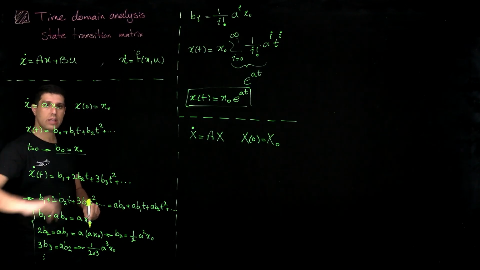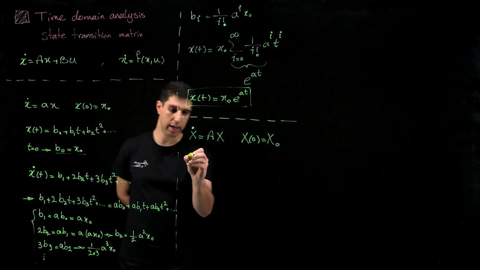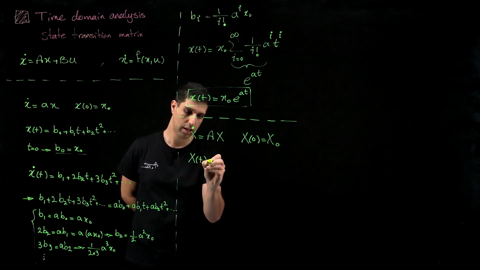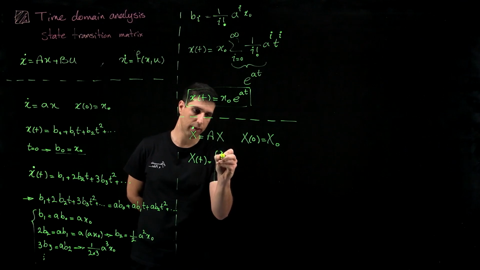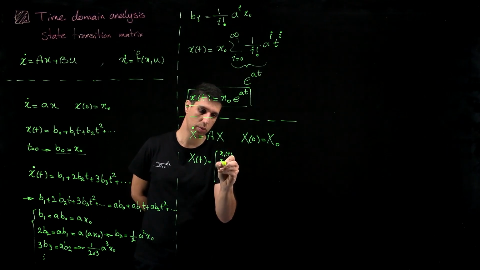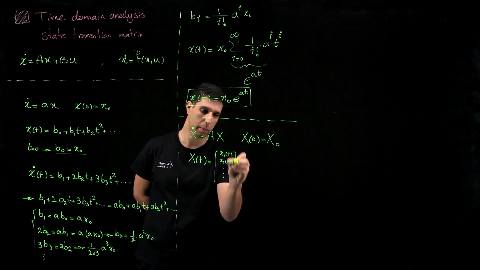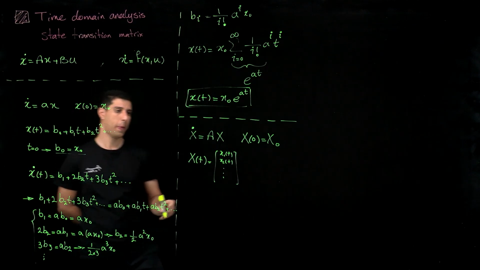The procedure is identical, so I can take my x of t, which is a vector of x1 of t, x2 of t, and so on. It's a vector.